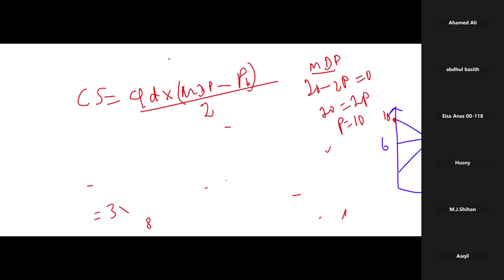Now, QD means equilibrium quantity, that is 8. Maximum demand price 10. Buyer's price 6, because it is the equilibrium price. Over 2. So 8 into 4 over 2.